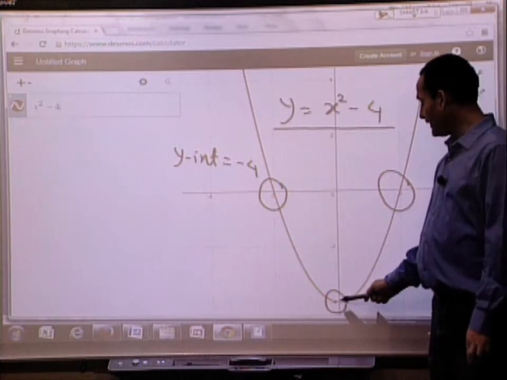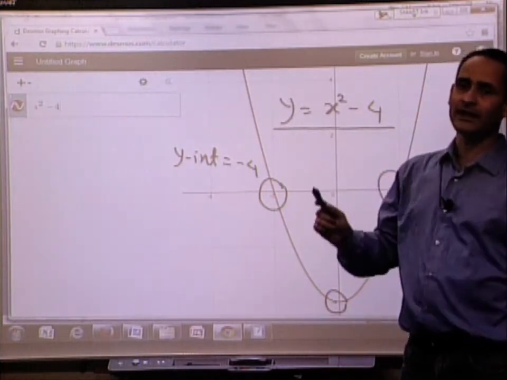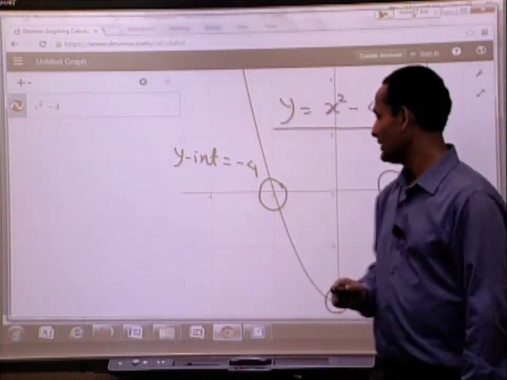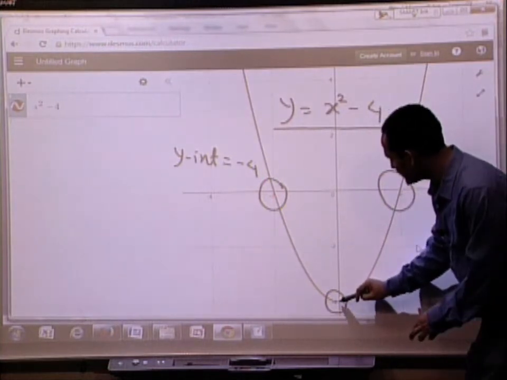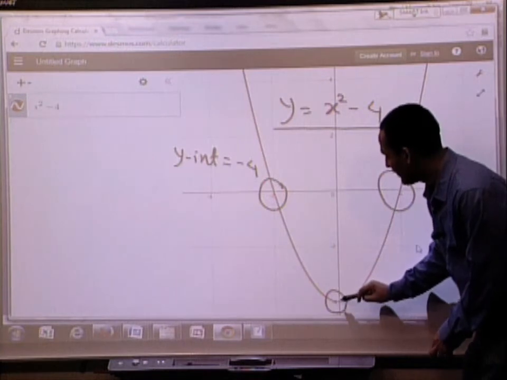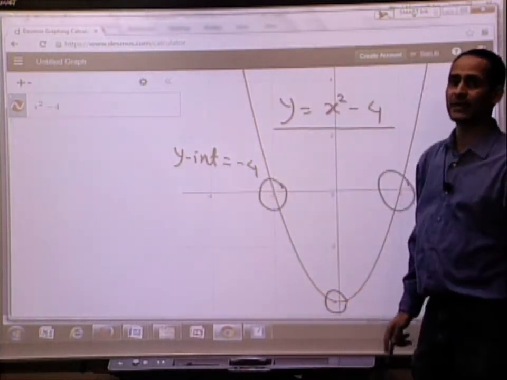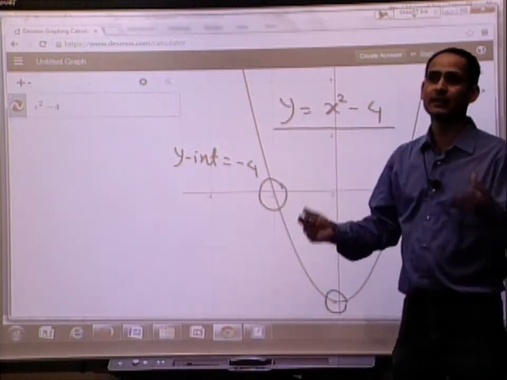At the point where the graph intersects the y-axis, x will always be 0. This graph intersects the y-axis at the point where y equal to -4. This y equal to -4 is called the y-intercept. So I can say the y-intercept for this graph is -4.